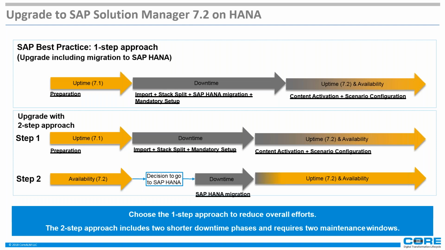Upgrading and migrating. If you decide to upgrade and migrate, the recommendation from SAP is to use the database migration option in SUM to do the prep. During the downtime phase, there are certain things that are done slightly differently when the database is migrated to HANA.